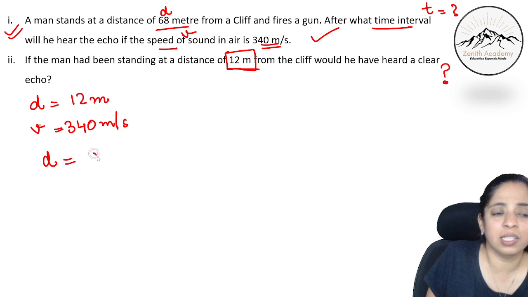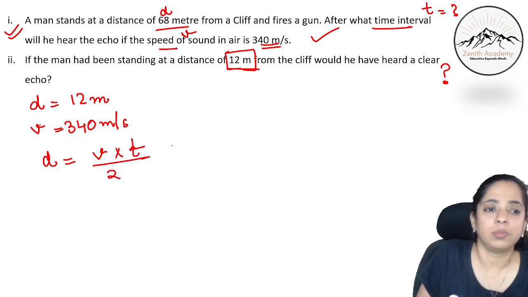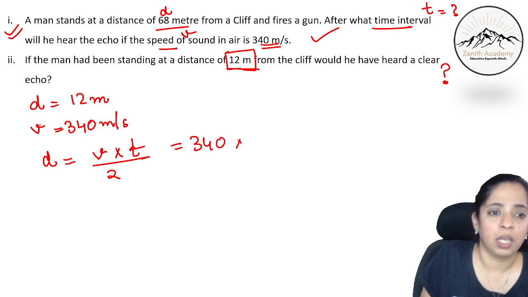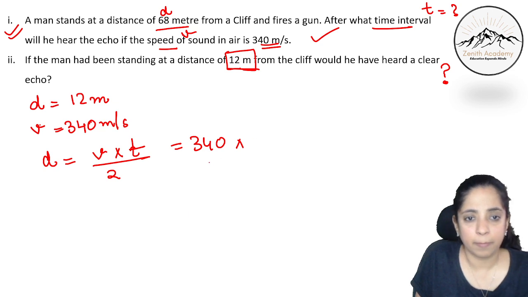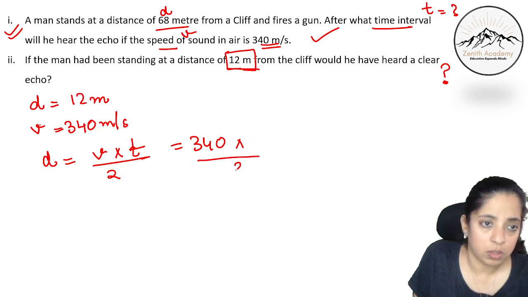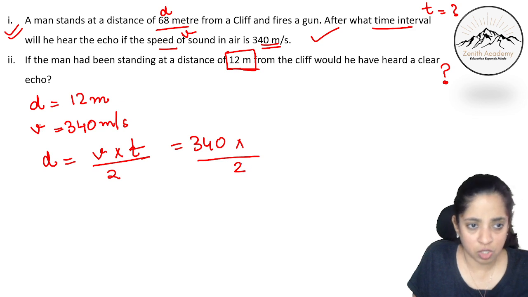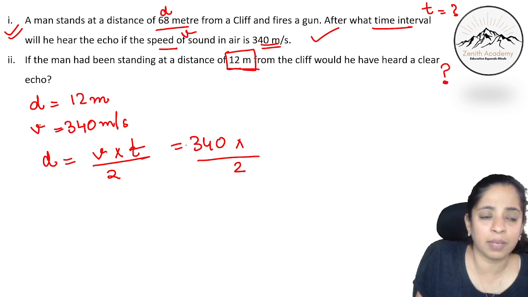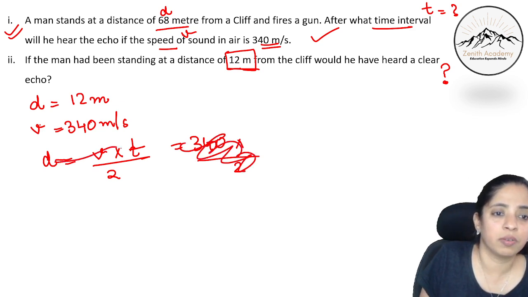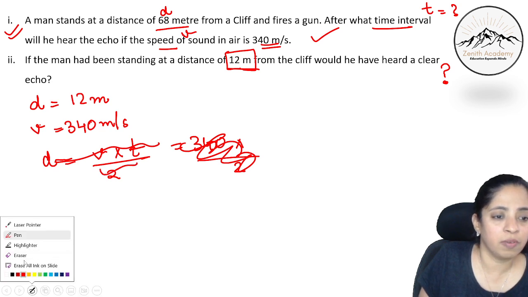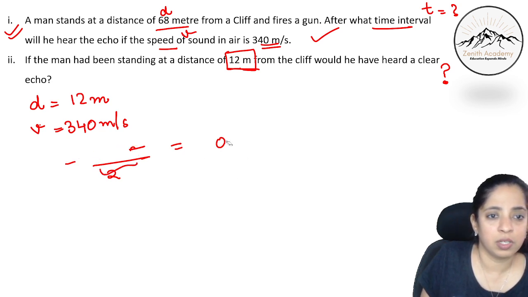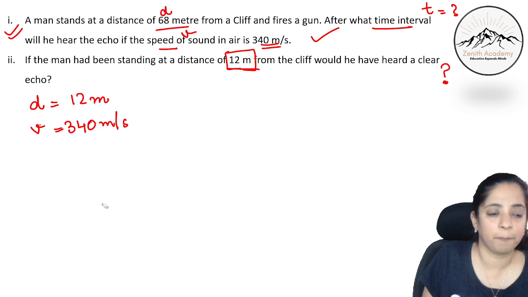So distance is speed into time upon 2. So 340 into... sorry, this we have to find the time. Wait, we will not do this. We will write the formula of time. Distance is already given to you, 12 meter.